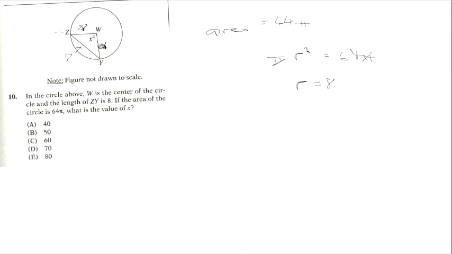Alright, so what that means is we have an equilateral triangle, 8, 8, and 8, which means that each of these angles here is going to be 60 degrees. Because the interior angles total 180 divided by 3. 3 times 60 is 180, or if you just happen to know that equilateral triangles have 60 degrees inside.